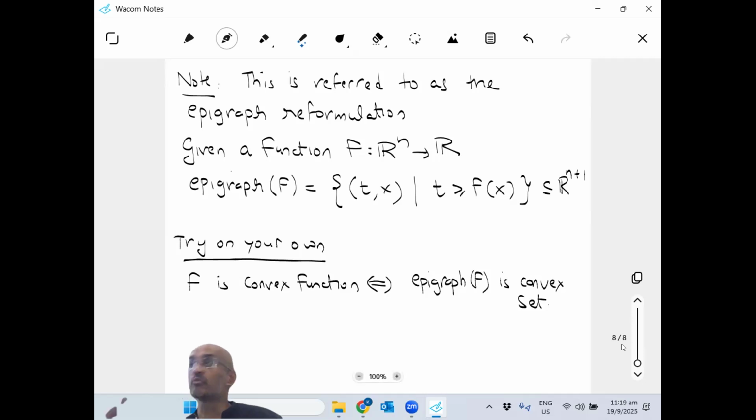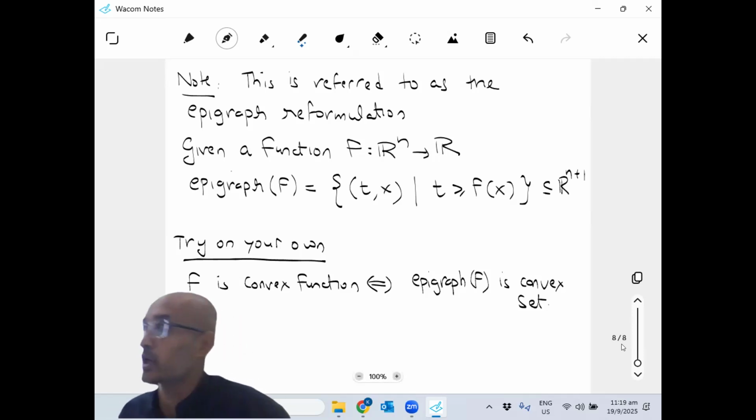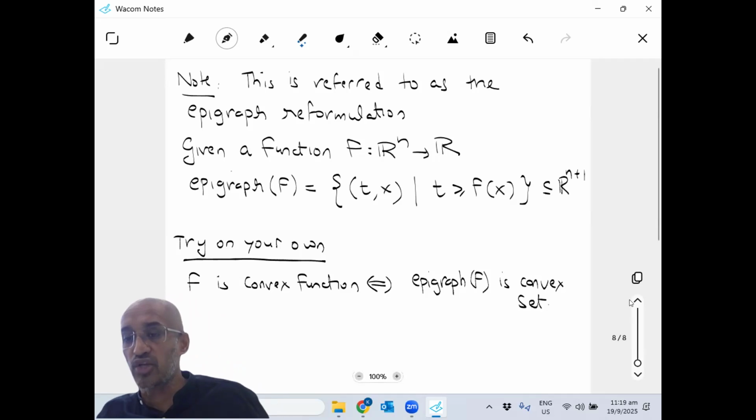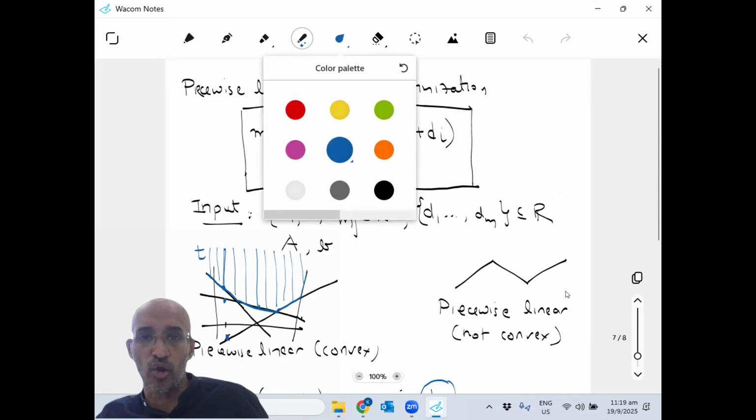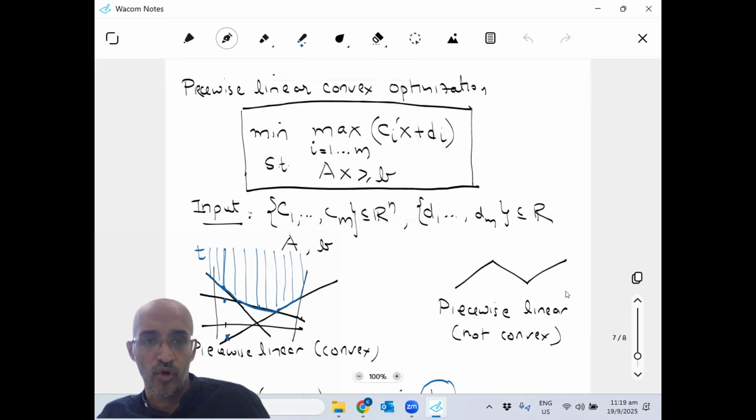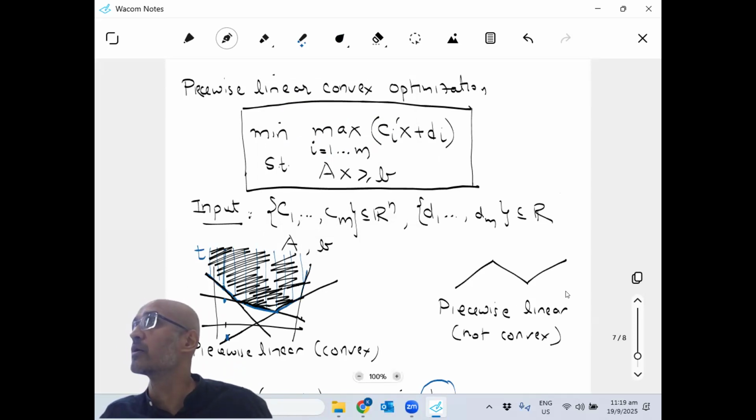It's again a simple proof, just from first principles, from the definition. But basically, if you think about what the set looks like, the epigraph here is essentially all this part. The entire thing is a convex set. So the claim is for any convex function, the epigraph will always be a convex set. Sorry, it's an if and only if condition.